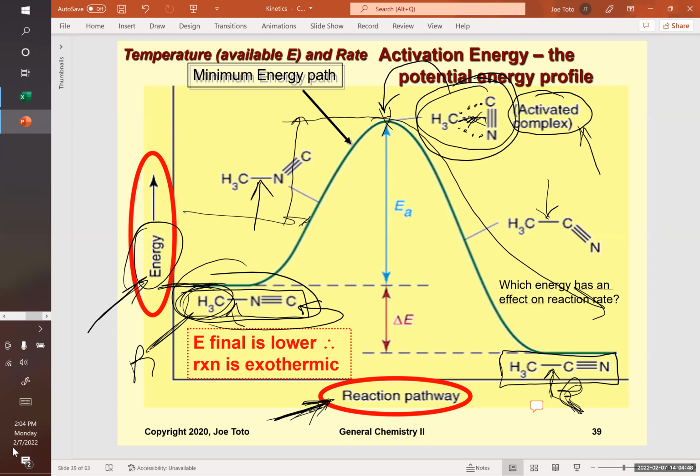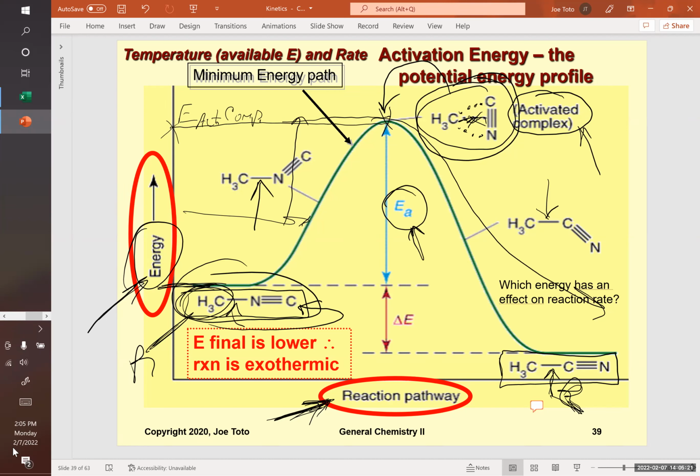All right, now, this minimum energy path requires the activation energy, and that can be calculated, as you can see from this diagram. All I would need to do is take a ruler, come over here, find out this energy. That's going to be the energy that refers to the activated complex geometry.